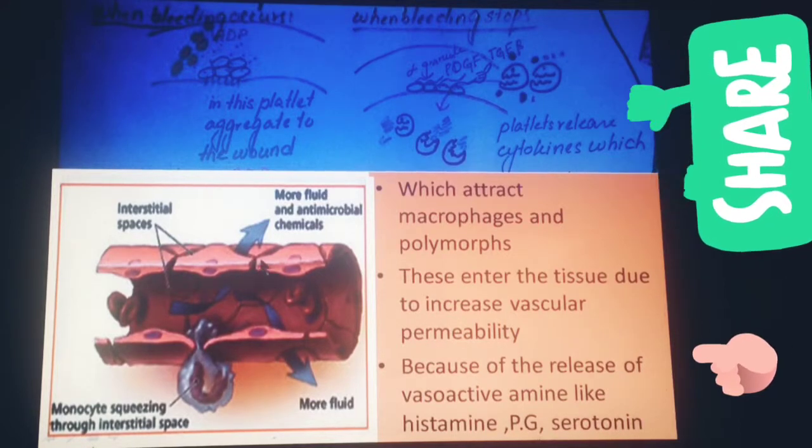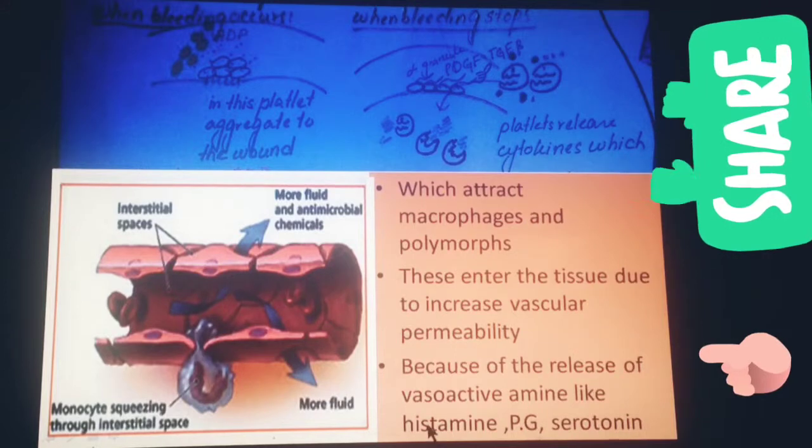The permeability has increased because of the cytokines' effect or vasoamines such as histamine, prostaglandins, and serotonin. This makes the vessel more permeable, hence it becomes easy for the macrophages to pass from the vessel wall inside to the outside towards the tissue.